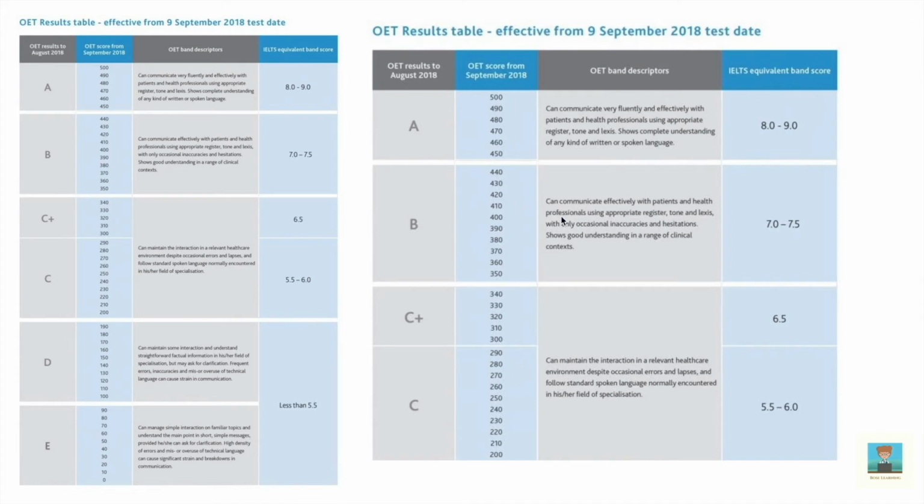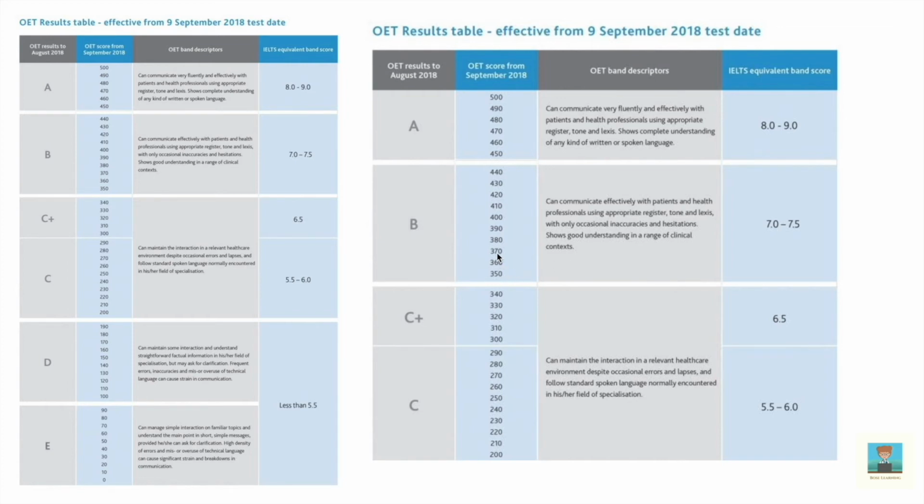And what that means is that you can communicate effectively with patients and health professionals using appropriate register, tone and lexis, and we'll be looking at all of these things in the course. Maybe you make a few mistakes and you hesitate a little bit, but it doesn't really impact on the overall meaning of what you're saying and what you're communicating. You show a good understanding of a range of clinical contexts. And that's an equivalent of 7 to 7.5 in the IELTS.